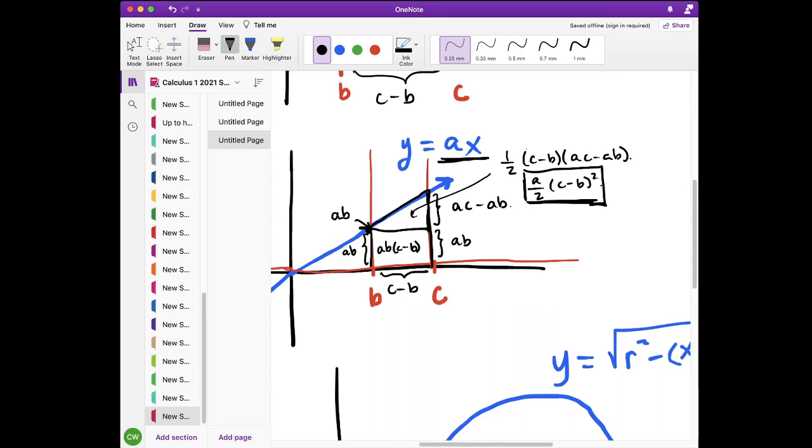What if I replace c minus b with x? What would it look like then? What would the area be if I replace c minus b with x?